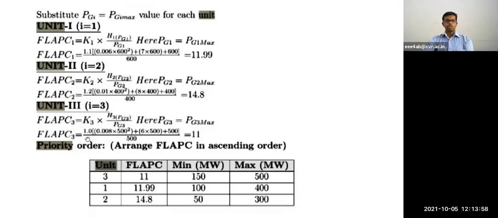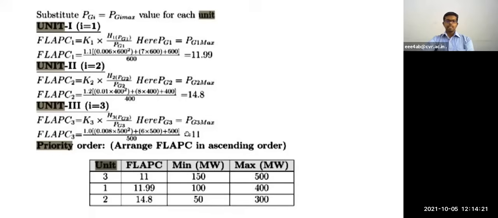K3, already given in the problem, is 1. Then in the heat rate equation you substitute PG3 as 500 megawatt, and with further calculation you get 11.